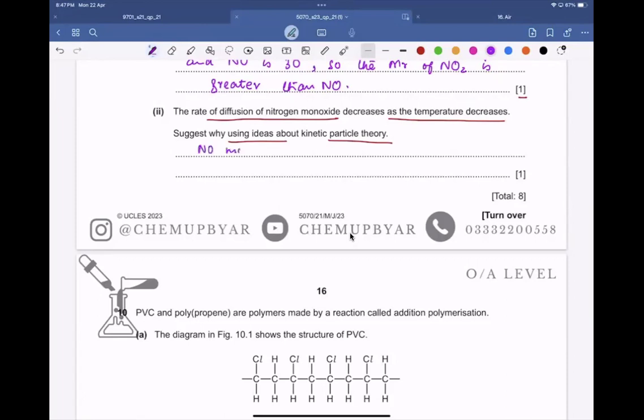So the NO molecules move slowly as the kinetic energy decreases. Is this understandable to all of you? No, how do they vibrate? It's a gas, Khatija. It's not a solid. In solids, particles vibrate. In gases, they move.